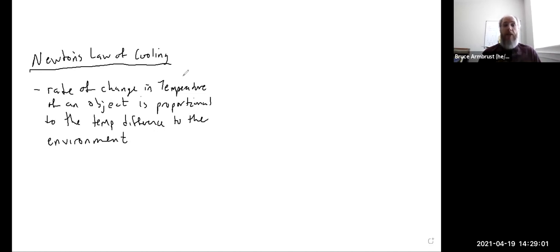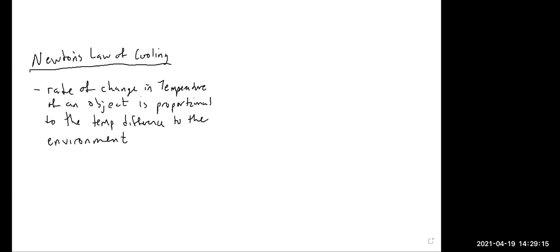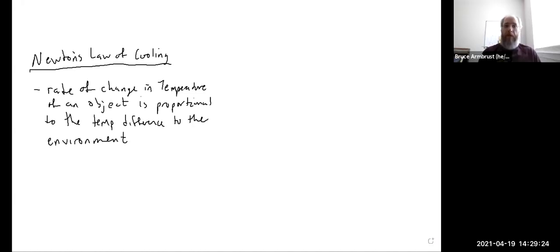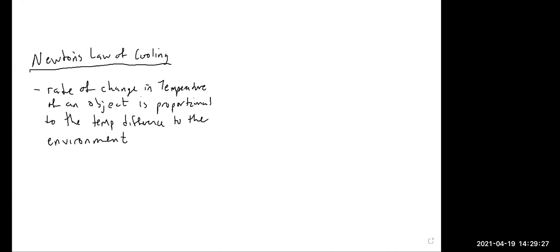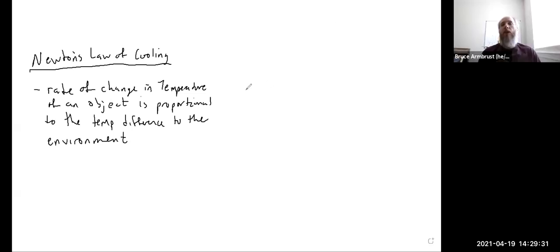Okay, so the rate of change in temperature of an object is proportional to the difference in the temperature of the object and the environment that it's in. I've heard it described as a temperature gradient before, like the rate of change is proportional to the temperature gradient. Yep. Is that term similar to the one used in calculus in terms of gradients? Yeah. So just think gradient is slope.